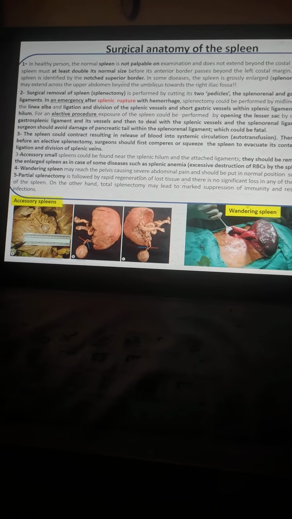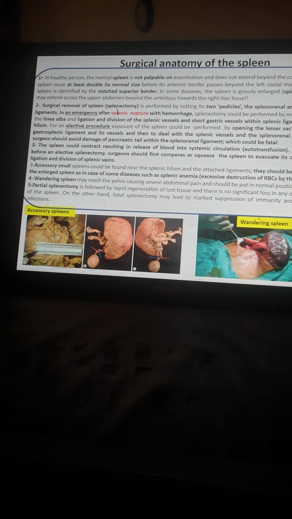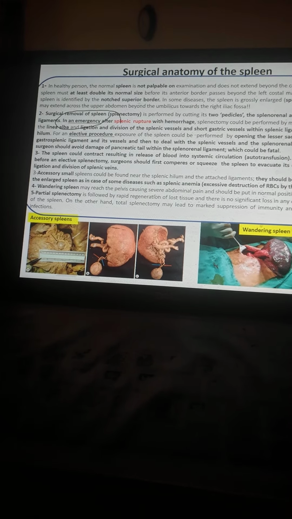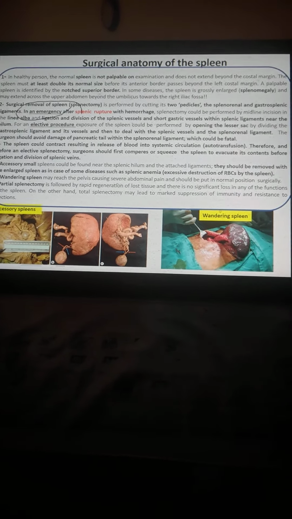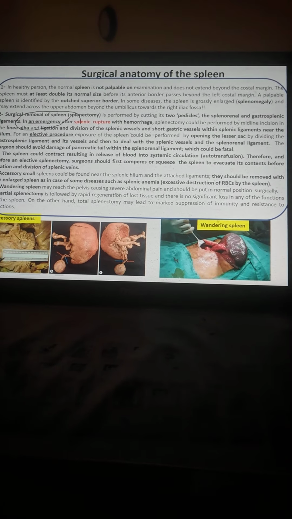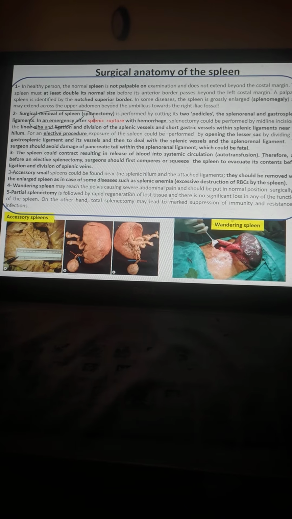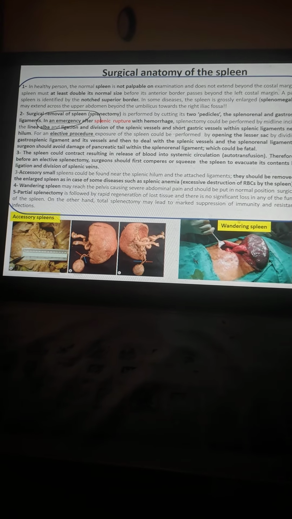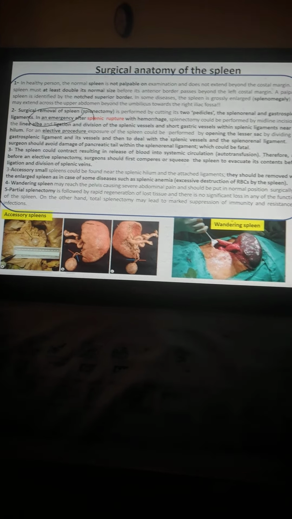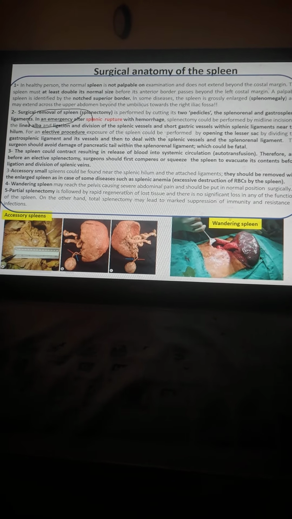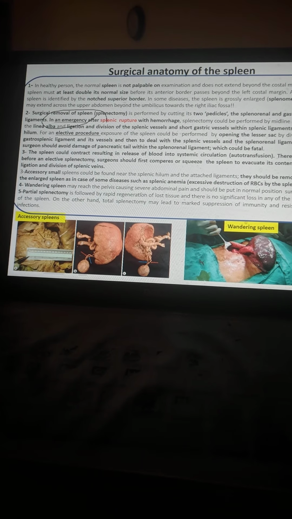In this condition, if the spleen is ruptured by accident, we have to do emergency splenectomy, or removal of the spleen, by midline incision through the linea alba, and then we divide the ligaments at the hilum of the spleen, which is the lienorenal ligament, and we ligate the splenic vessels, but we have to avoid damaging the tail of the pancreas because it passes through this ligament.